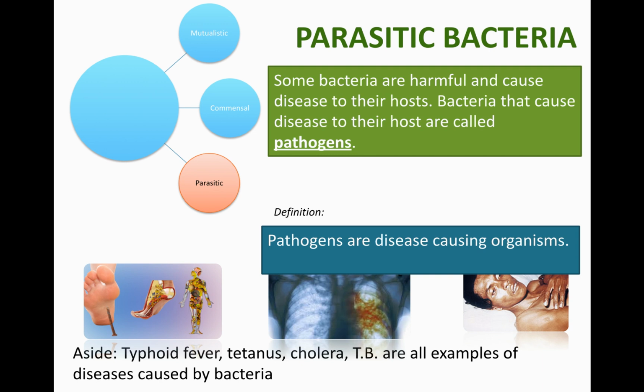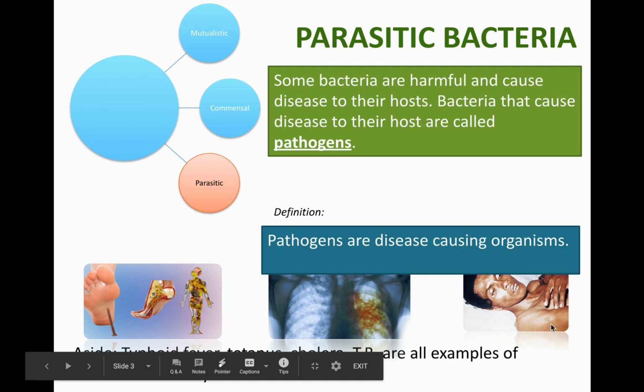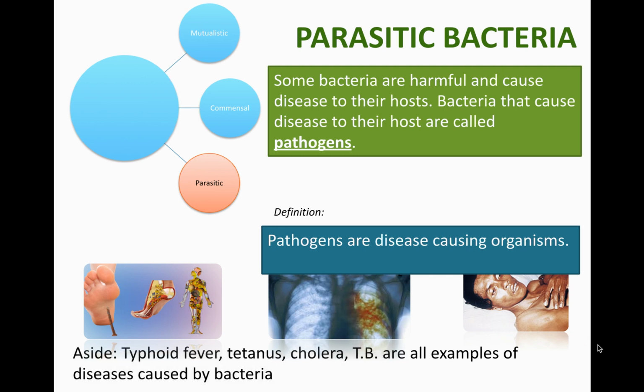And this caused perfectly healthy people to have lungs that weren't functioning properly. It's a little bit similar actually to COVID-19. But we developed an antibiotic for it, and a vaccine as well, incidentally. There's other things as well, like cholera, tetanus, typhoid fever. All of these were diseases caused by bacteria in the past.